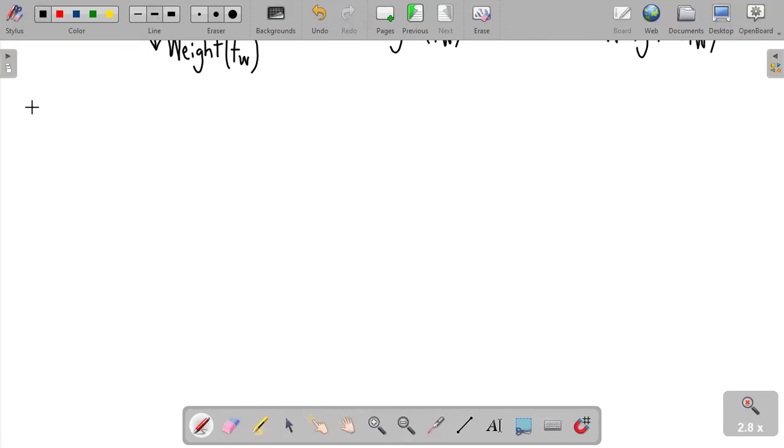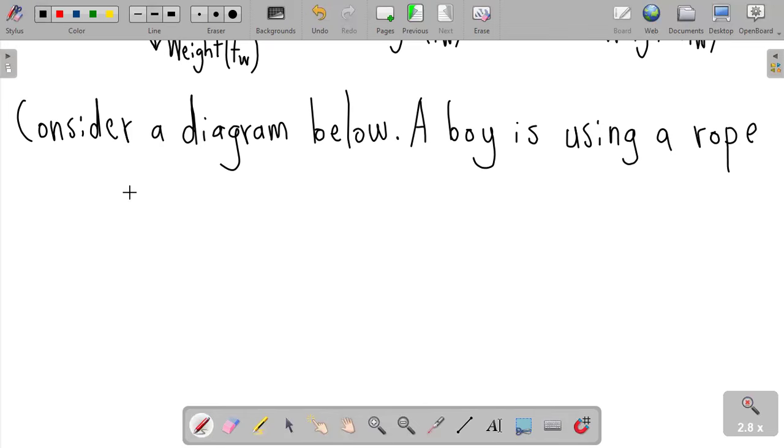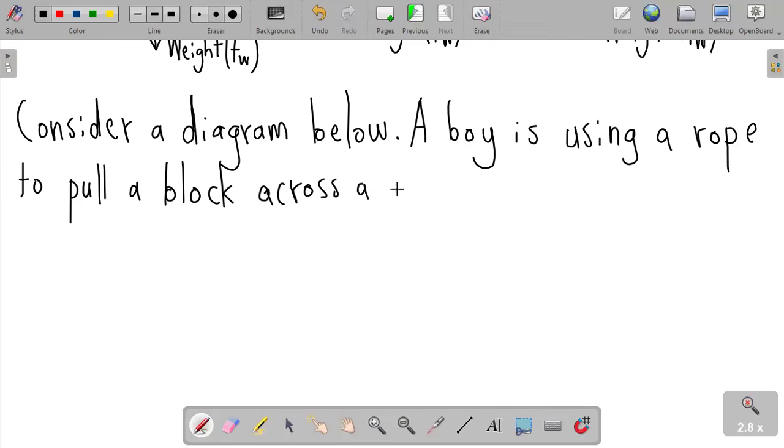Consider a diagram below. A boy is using a rope to pull a block across a rough surface.